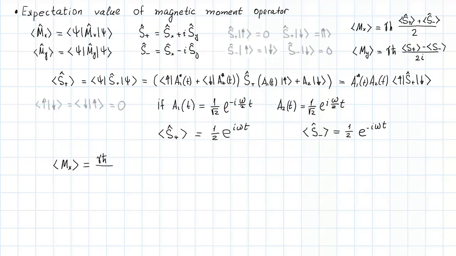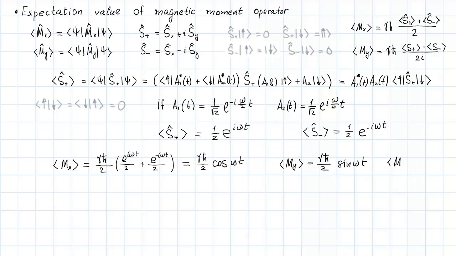We see that the expectation value of mx is proportional to cosine omega t, and the expectation value of my is proportional to sine omega t. The z component of the magnetic moment remains constant. These results, which can be interpreted as a precession of the magnetic moment in a magnetic field, are very similar to the results which were obtained using classical theory.